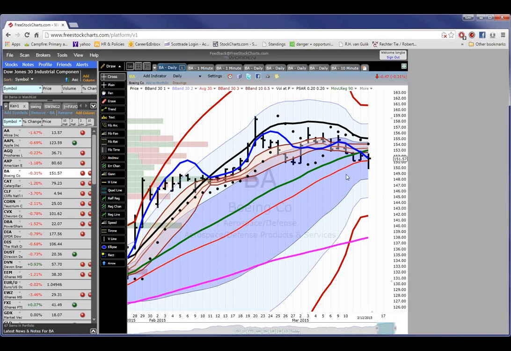It's all the way back to its Bollinger Band mean. If it can hold support there and take off above the dragon, I like it there. It's still got a nice cushion, a $12 or $13 cushion above its long-term fair value, which is that purple-looking 270 period regression line.